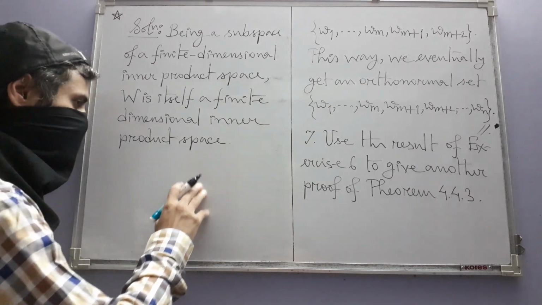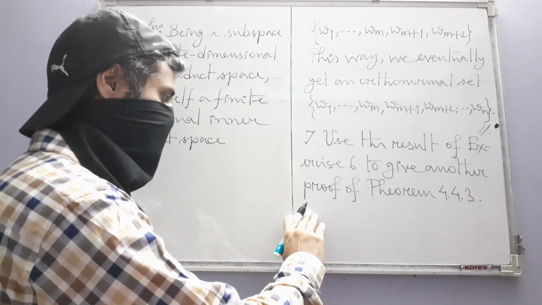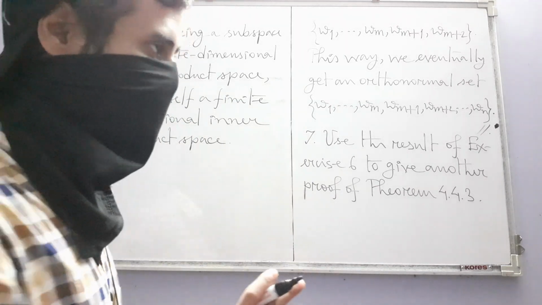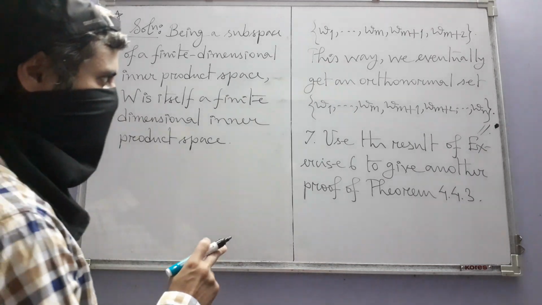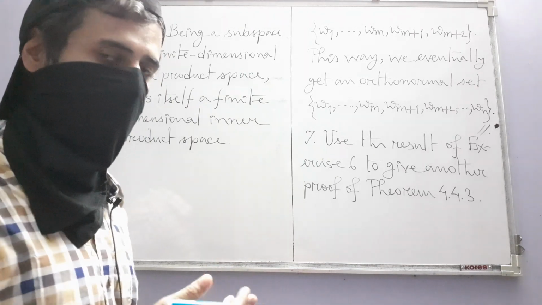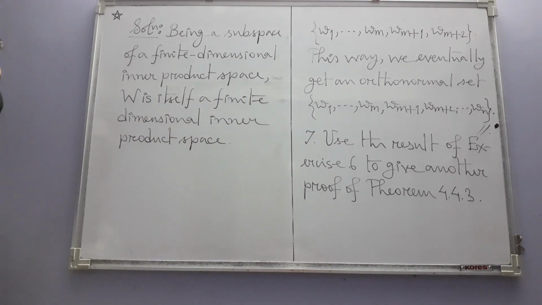It just simply comes from this. We already know that any subspace of a finite dimensional vector space is a finite dimensional vector space. And additionally, if you restrict the inner product on V to W, it then turns into an inner product on W. So that's why we have this.